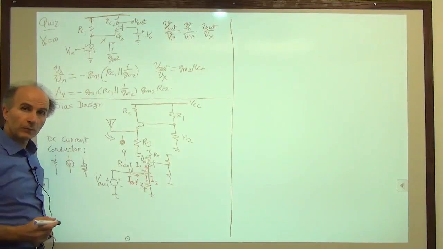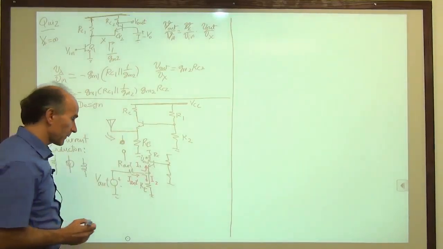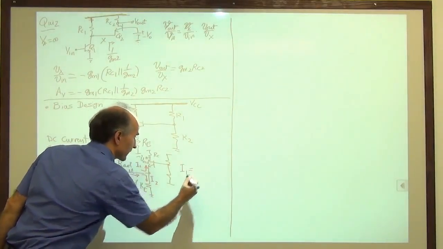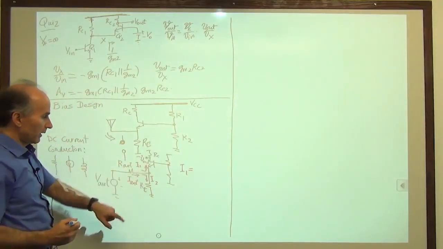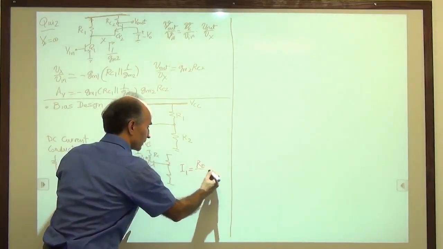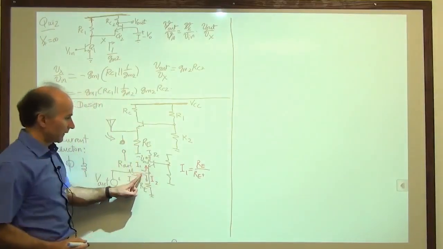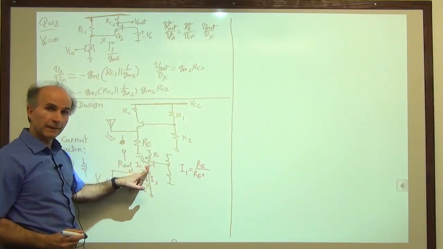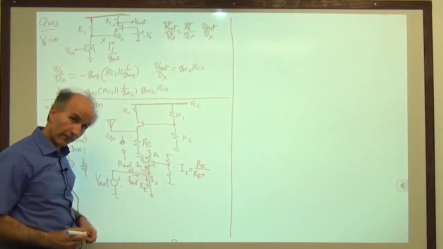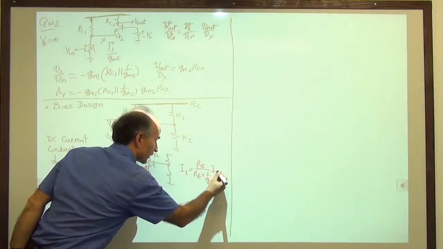Now if you go back to your basic circuit theory and remember how a current splits between two paths, you will see that I1 is equal to, the current that goes this way is given by this impedance, RE, divided by RE plus this impedance. How much is that impedance? That is the input impedance of the common base stage, 1 over GM. So plus 1 over GM times the antenna current.